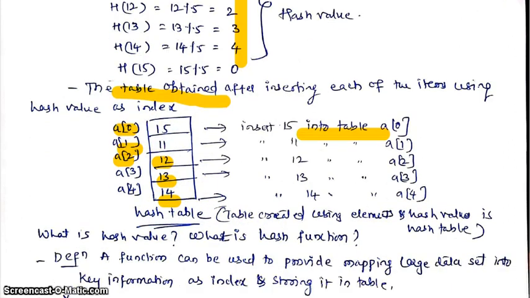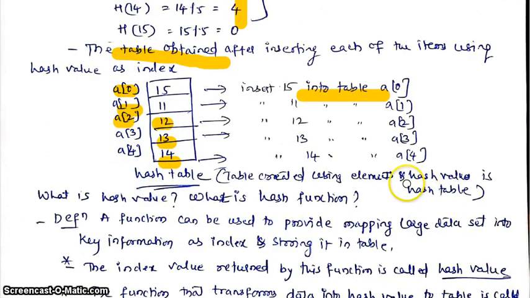So what does a hash table consist of? It consists of the hash values. With this we can access particular information. 15 is assigned A of 0. Whenever I want to access 11, each item is assigned a hash key. If I give 1, it will retrieve the information and give the value 11.